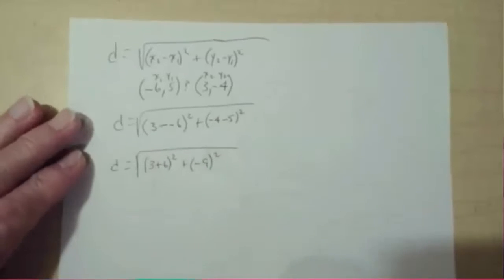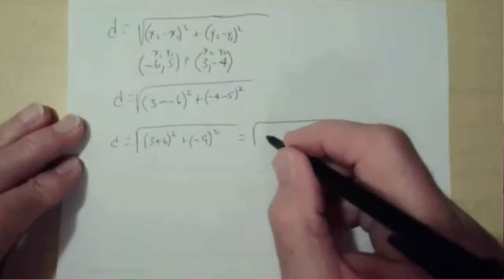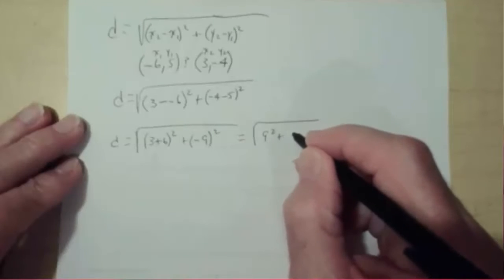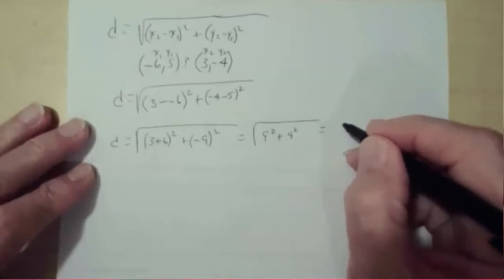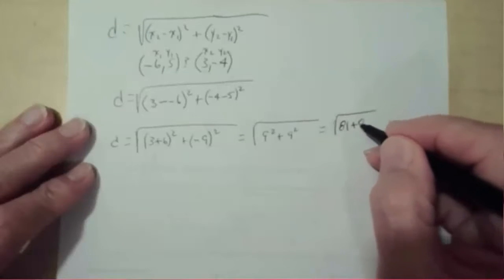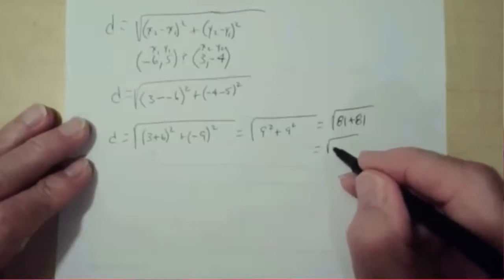Okay, so we have the square root of 9 squared plus negative 9 squared, doesn't make any difference. So we have the square root of 81 plus 81, which is the square root of 162.